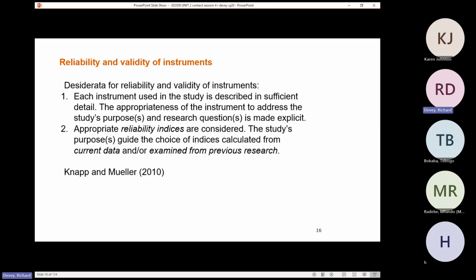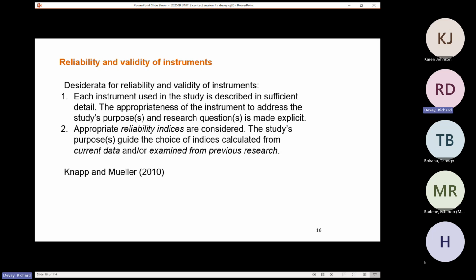Okay. For assignment 2, there's a resource that I've given you from the book The Reviewer's Guide to Quantitative Research. There's a chapter from that book by Knapp and Muller where they talk about reliability and validity of instruments. Have a look at that chapter.